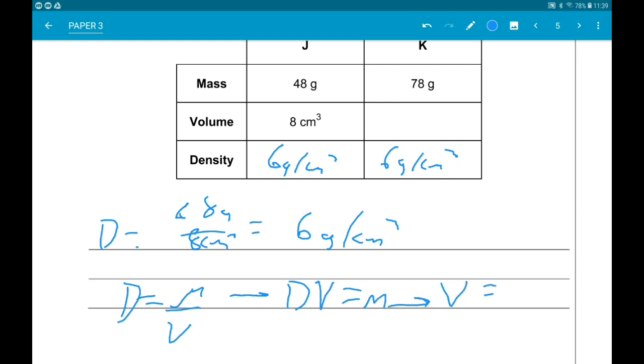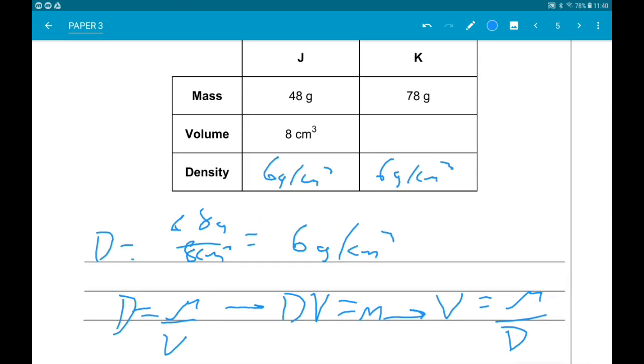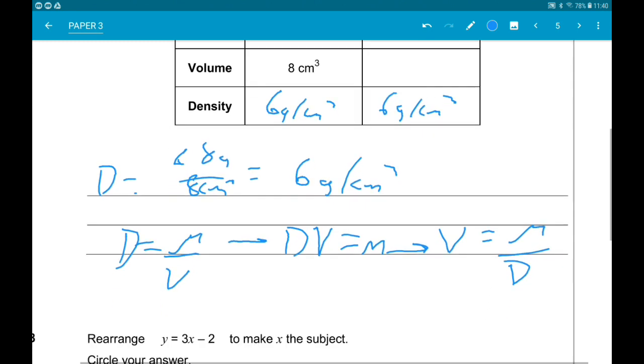Volume is mass over density. So we want to do 78 grams divided by 6 grams per centimeter cubed. Now that's going to give us 13 centimeters cubed.